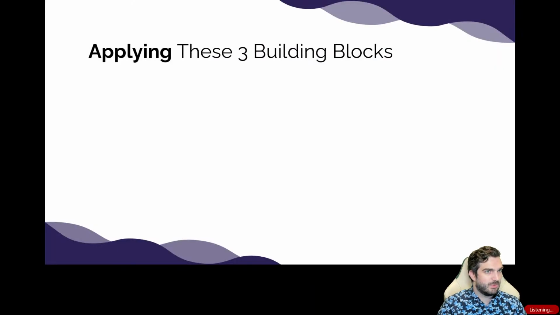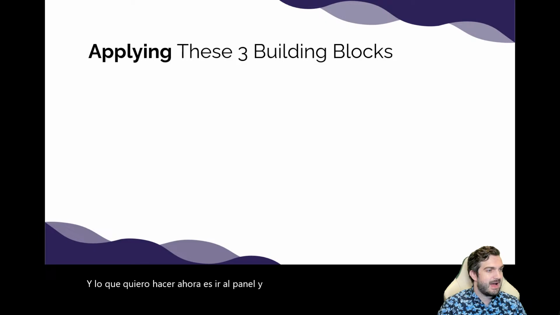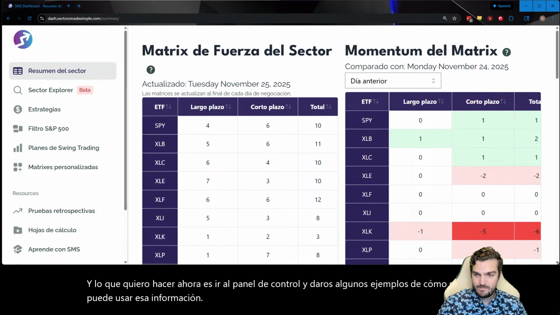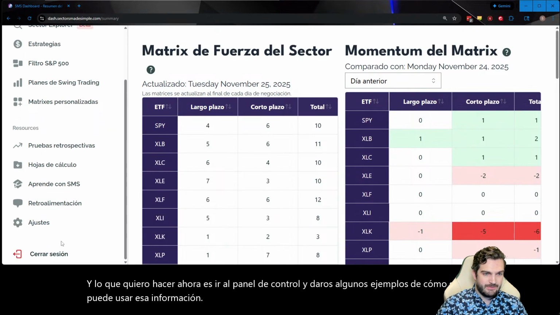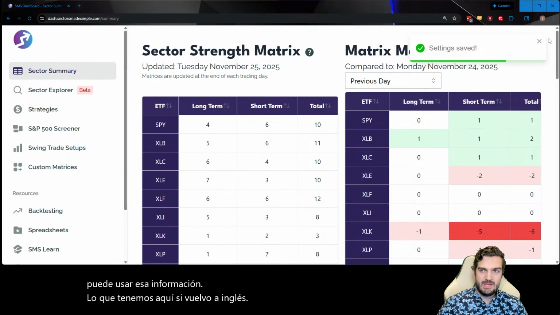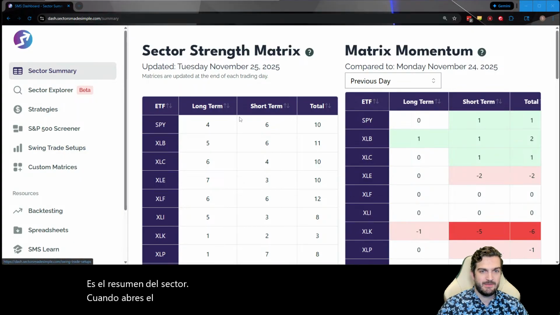And what I want to do now is head on over to the dashboard and give you a few examples of how that information can actually be used. What we have here, if I put this back to English, is the sector summary. When you open up the dashboard, this is the first thing you would see.